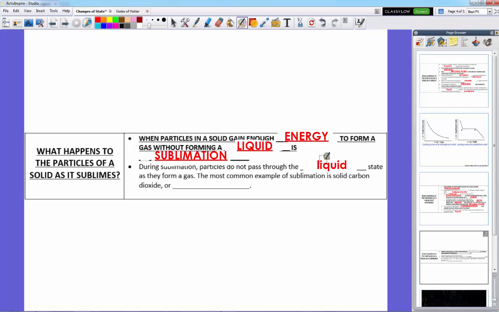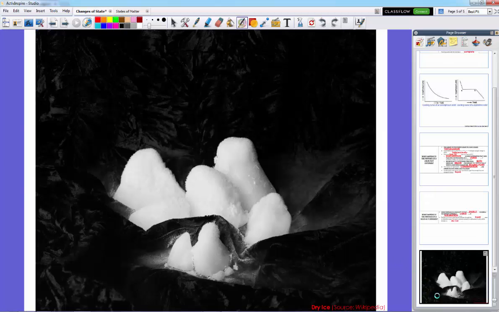And the most common example, and this is an example we're going to look at in class, is solid carbon dioxide, or dry ice. Okay, it's not ice, just to be clear. Dry ice is not ice. It's not frozen water. Rather, instead, it's frozen carbon dioxide. And so what will happen with dry ice is it forms this smoke, and that smoke is actually carbon dioxide sublimating.